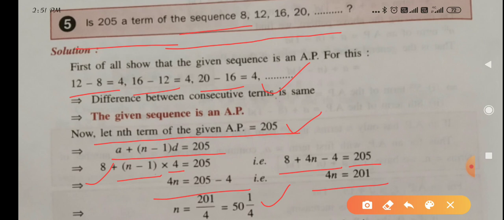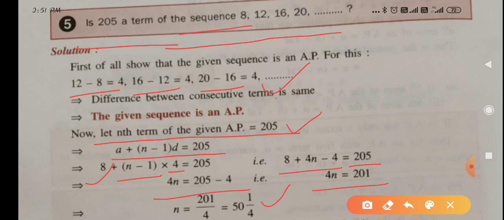Now what was n? n was the number of terms. The number of terms will be an exact number; it cannot be in fraction or decimal form. The number of terms will be 10, 11, 12, not 10.5. So in the same way 50 or 51; 50.25 cannot be the number of terms.